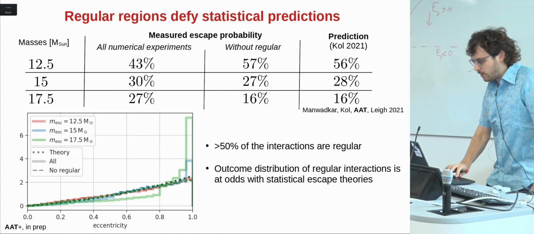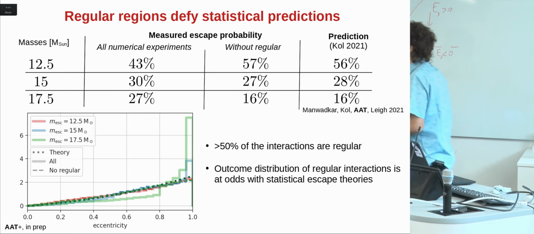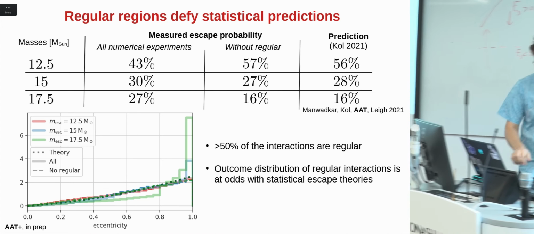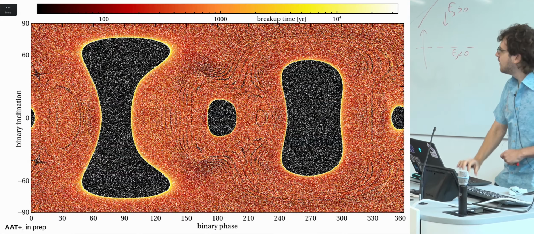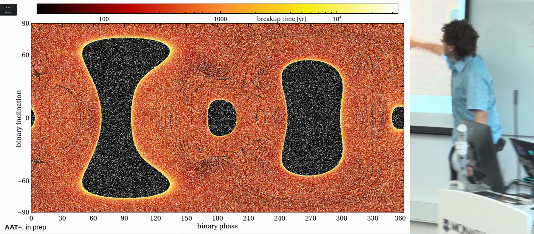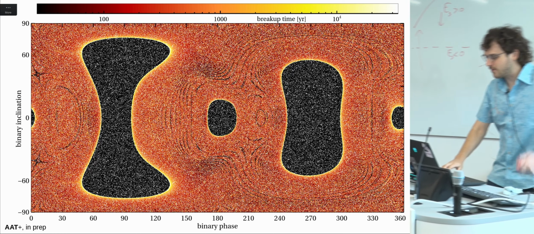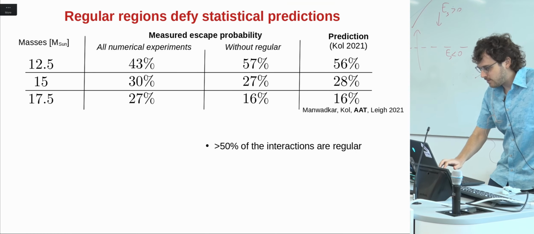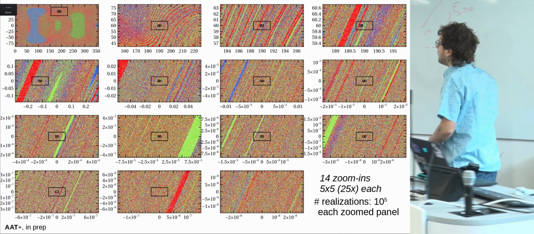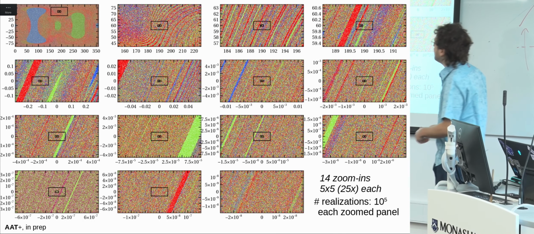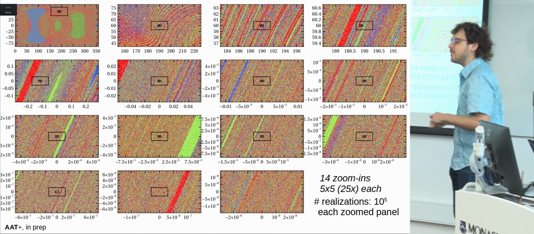But we could say, okay, well, in this configuration we have 50% interactions that are regular. But once we exclude these, maybe things are totally fine if we just take this sea of chaos. To see if it's really a sea of chaos, I started to take some zooms in this phase space.